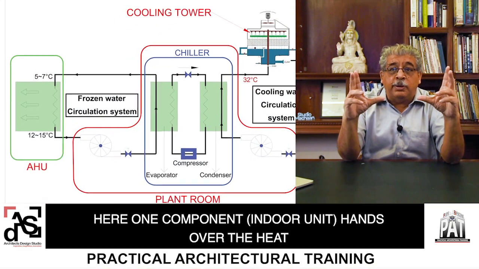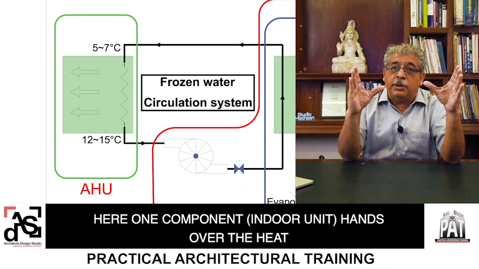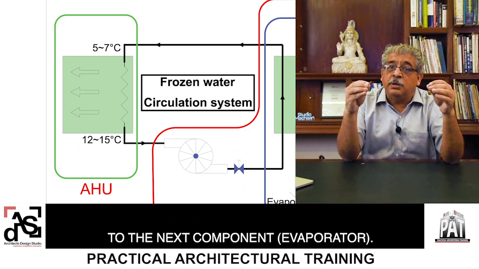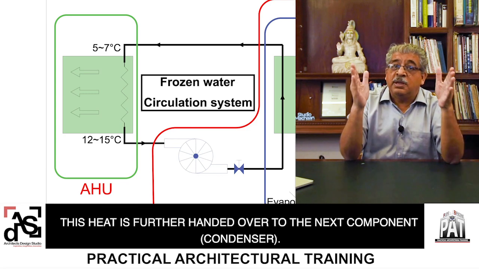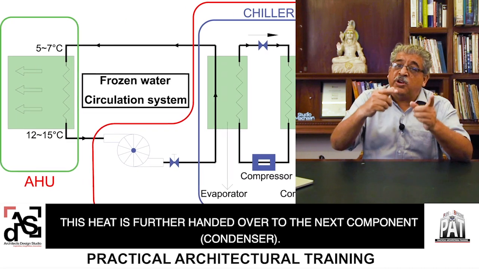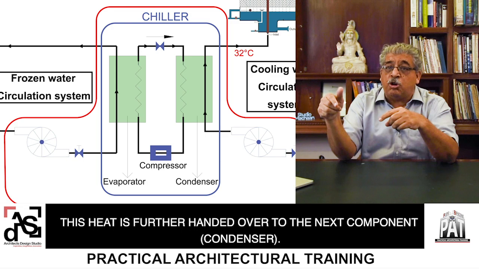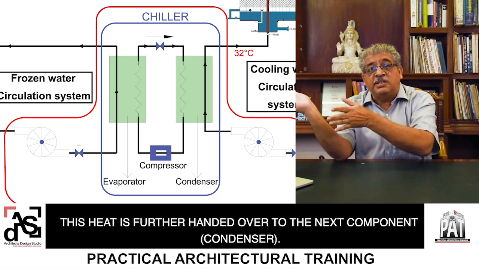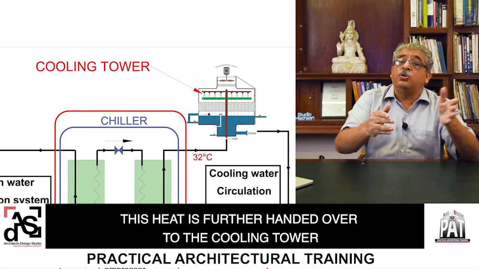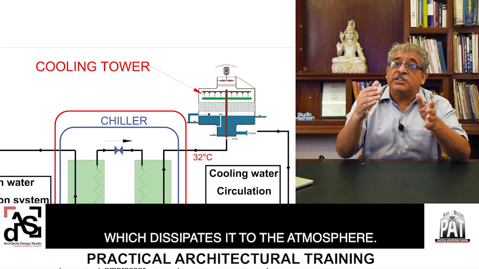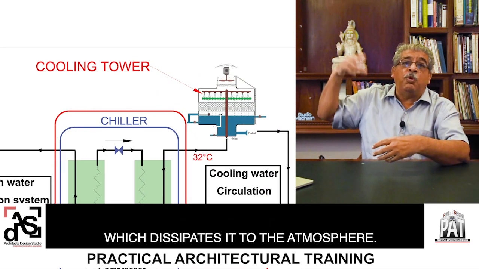Here, one component, which is the indoor unit, hands over the heat to the next component, which is the evaporator. This heat is further handed over to the next component, which is the condenser, and this heat is further handed over to the cooling tower, which dissipates it into the atmosphere.